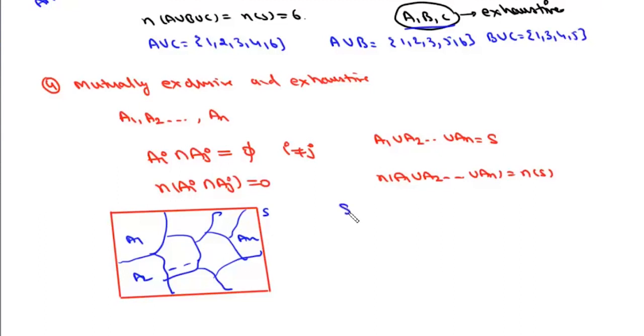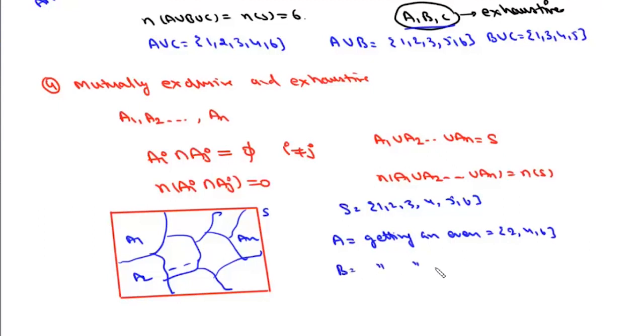Coming back to the same example, the sample space is 1, 2, 3, 4, 5, 6. Now event A is getting an even number, which is 2, 4 and 6, and event B is getting an odd number, so here we have 1, 3 and 5. In this case, A intersection B is empty, and if we take A union B, it is 1, 2, 3, 4, 5 and 6.